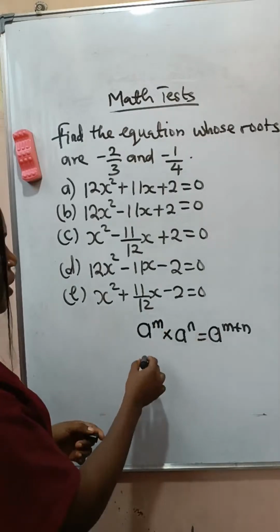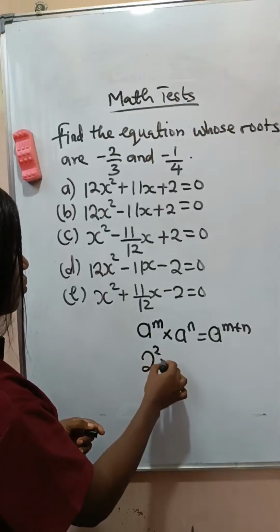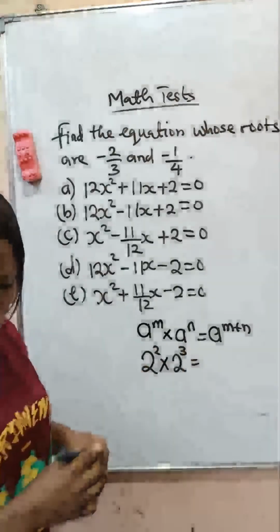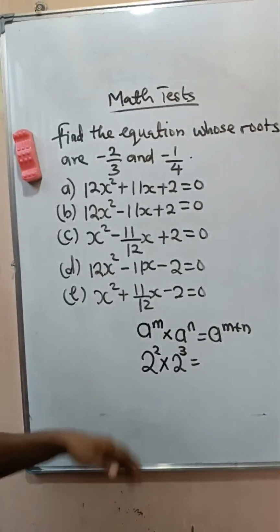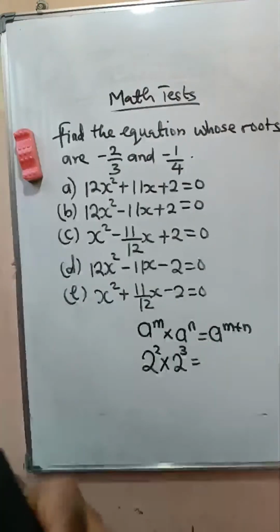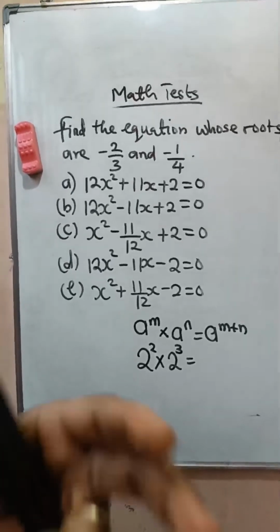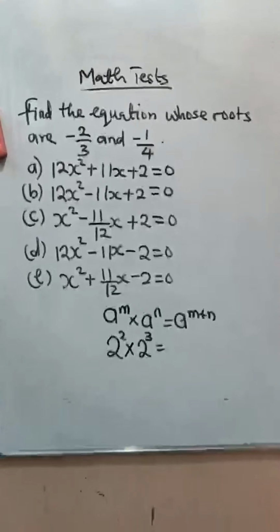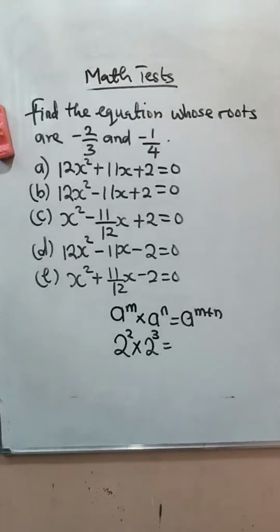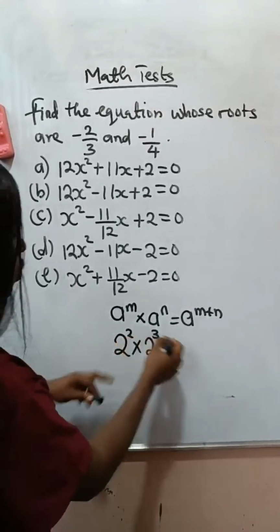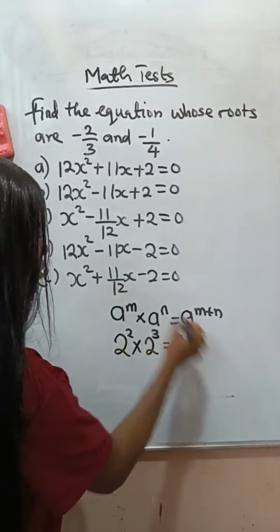For example, if we have 2 to the power of 2 multiplied by 2 to the power of 3, if we should solve this using the expansion method, we are going to have this. 2 to the power of 2 means 2 multiplied by 2.